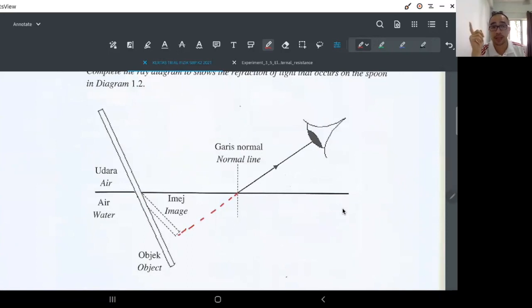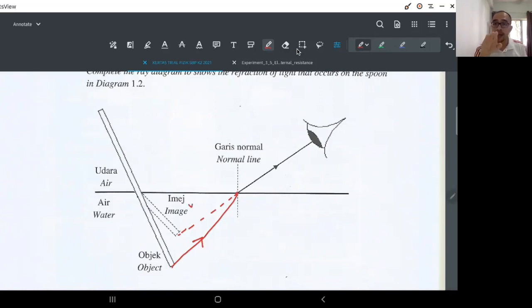Then the second one you draw is a normal line from here all the way to here. Sorry, it's not very straight on my this one because I'm not using a ruler. But use a ruler, draw a straight line from the boundary until the object. And that's it. This is one mark, this is one mark.